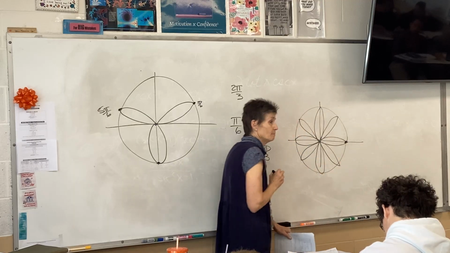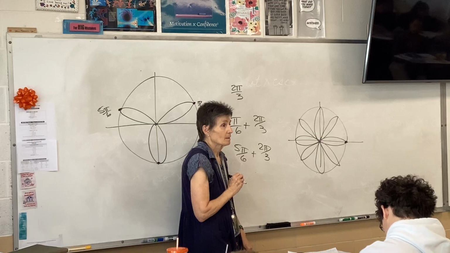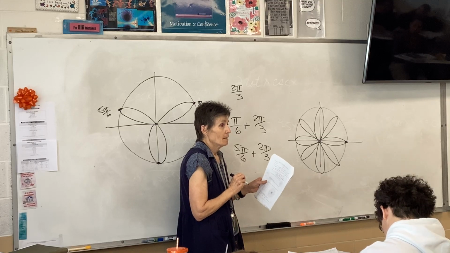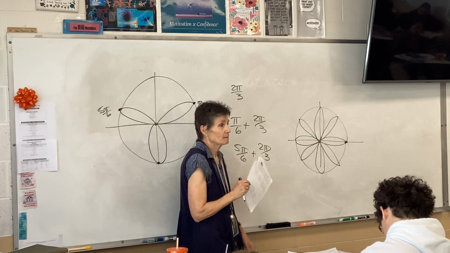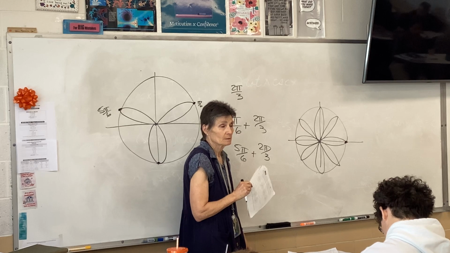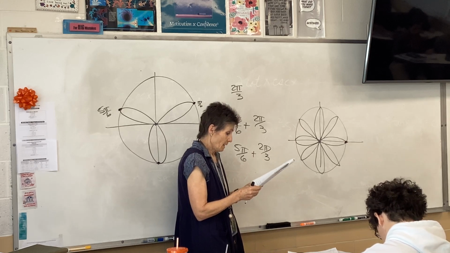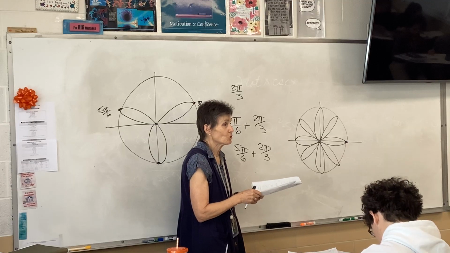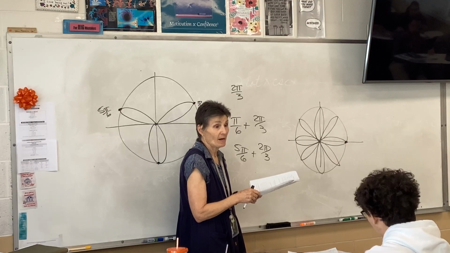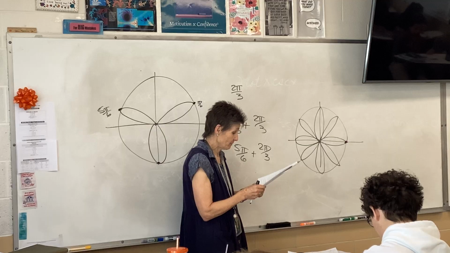There are my 8. How far apart are they? Pi over 4. That jives with my picture. What's the range? -5 to 5, yeah, -5 to 5.